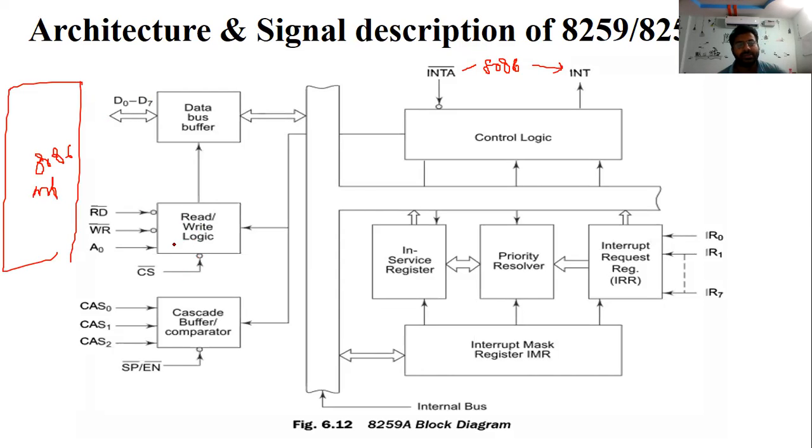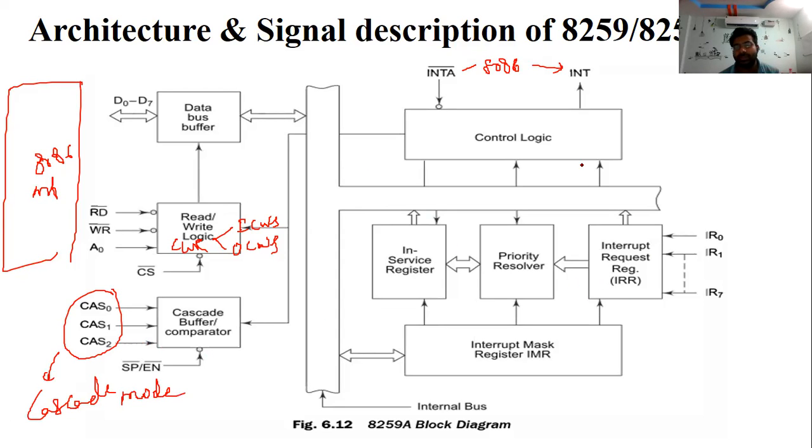In this we have the CWR, which is very important. It is divided into initialization command word registers and operation command word registers. The cascade buffer is used in cascade mode.